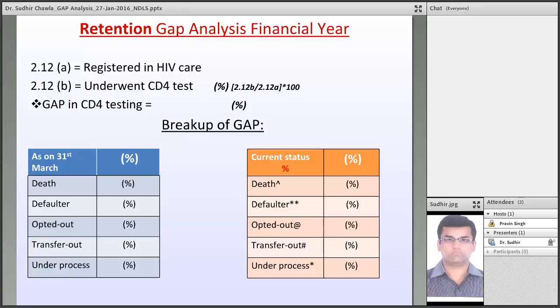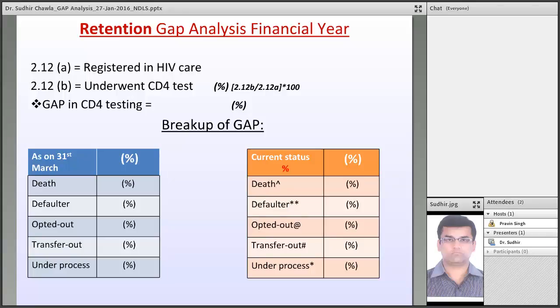Here I would like to take this opportunity to discuss defaulter and under process. There are no such terms under NACO guidelines regarding defaulter and under process. It is just to differentiate between two types of patients. One is where we have given some appointment for initiation of ART, maybe for completion of preparedness, or because the patient had some OI that has to be managed before starting ART.